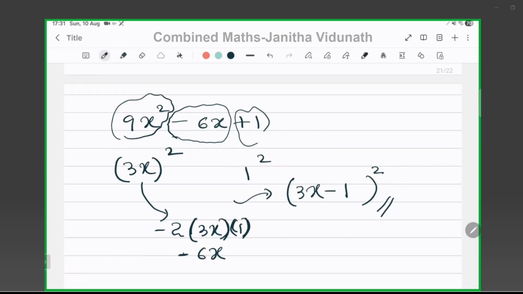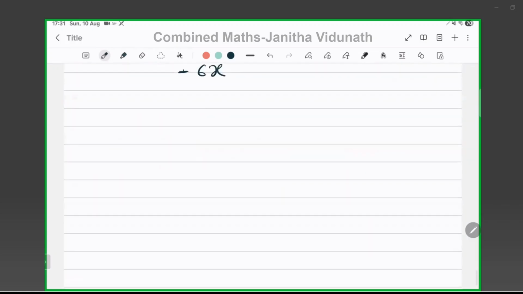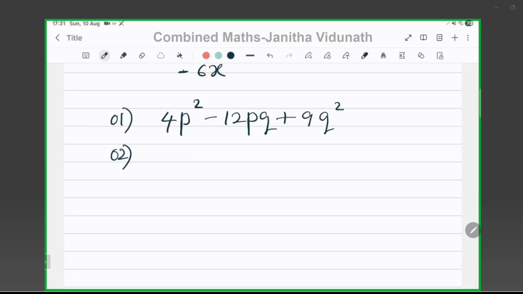I think you can understand those steps. I will give questions for you also. First one is 4p square minus 12pq plus 9q square.